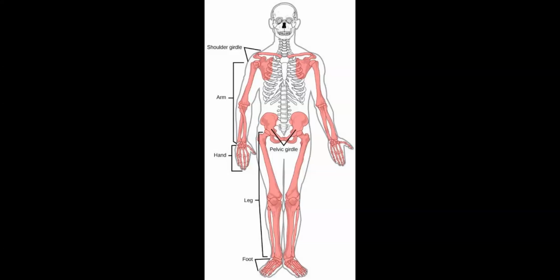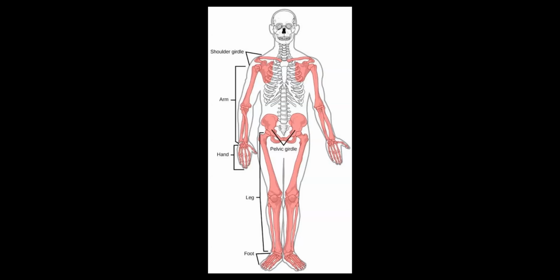As you can see, these are the bones of the forelimbs. They remain connected to the axial skeleton by these structures, which are included in the girdle, the pectoral girdle or shoulder girdle.